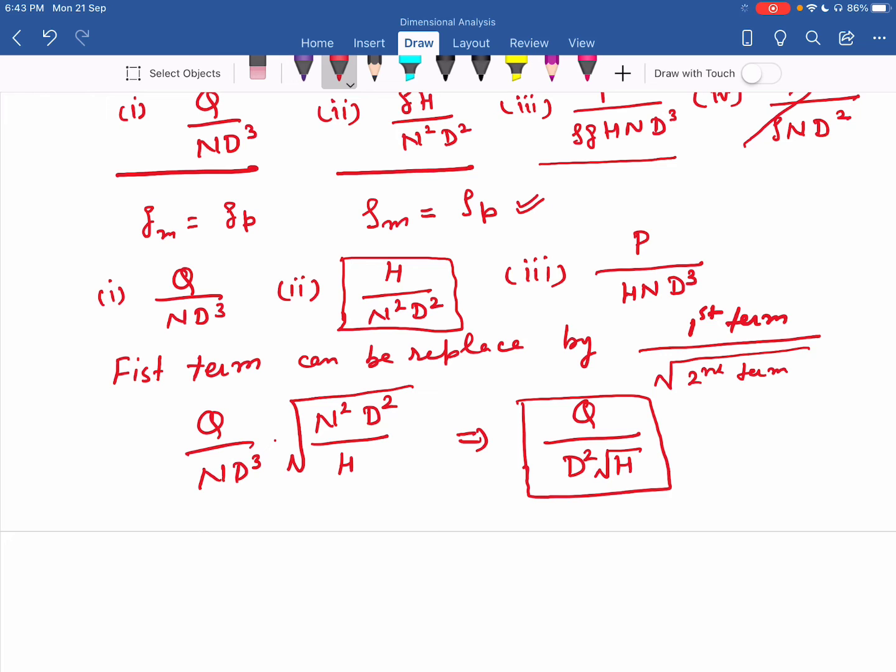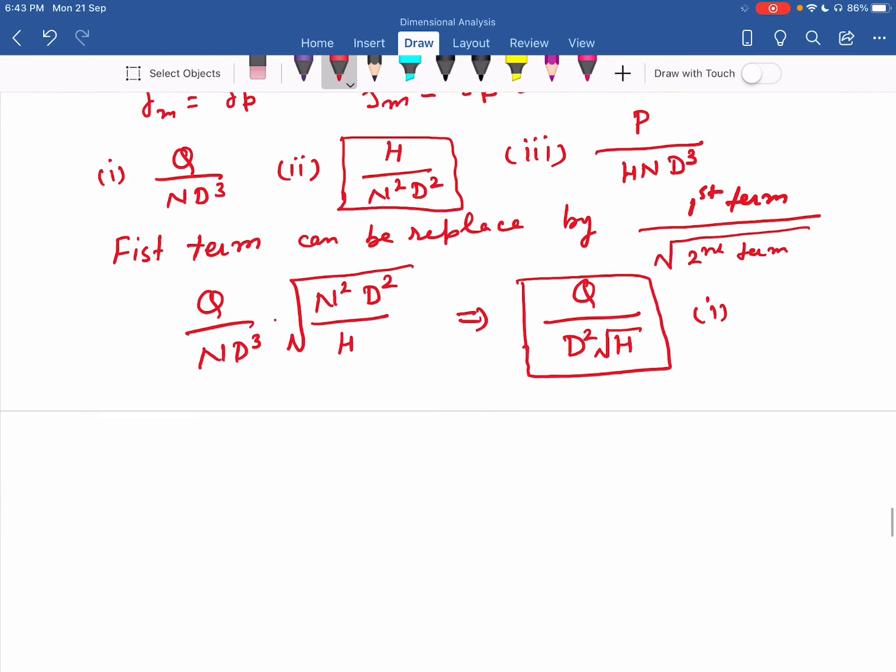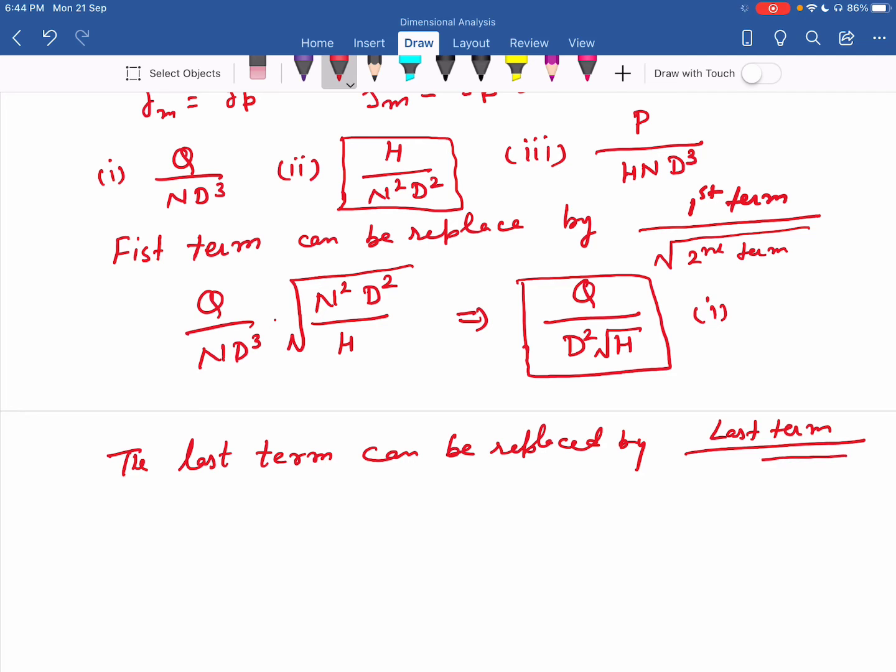So this is now our first term. Now we do one more alteration. The last term can be replaced by last term divided by under root of second term.